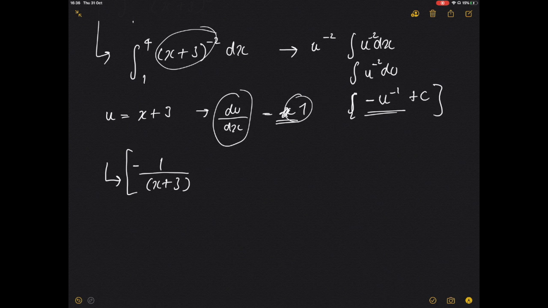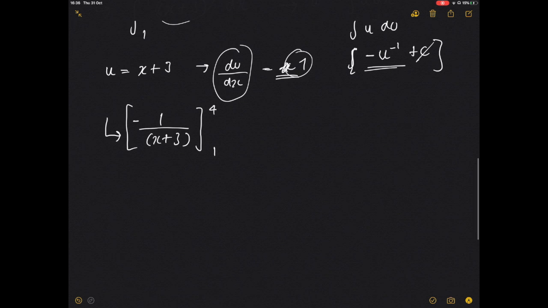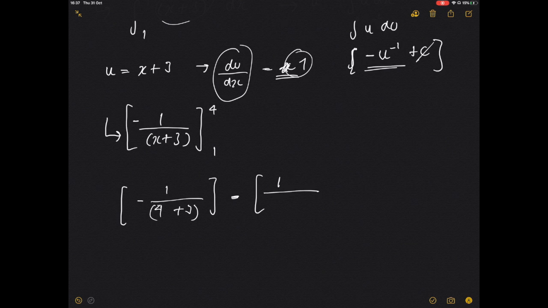But we know it's between 2 points, between 4 and 1, so we don't need the c that we previously had. If we stick our numbers of 4 and 1 back in, we have minus 1 over 4 plus 3, minus, minus 1 over 1 plus 3.